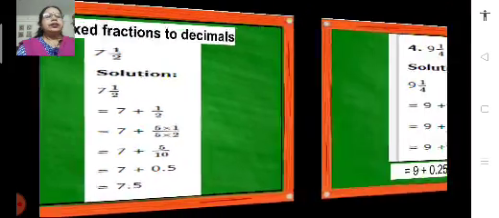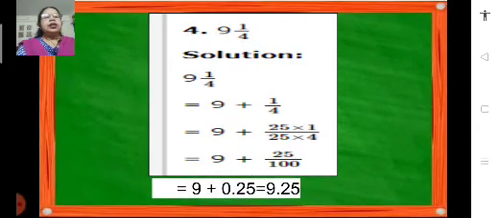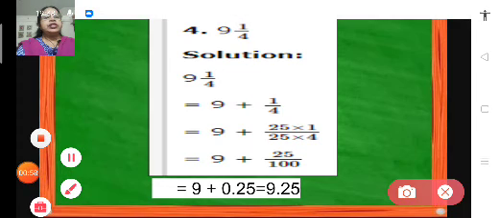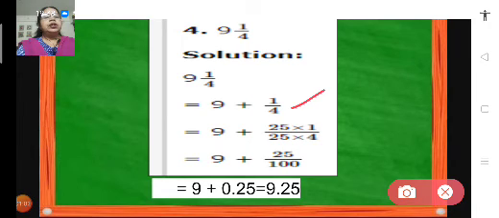We have another mixed fraction here, 9 1 upon 4. 9 1 upon 4 can be written as 9 plus 1 upon 4. Now we will convert the fraction 1 upon 4 into an equivalent fraction so that we have 100 as the denominator. So it is multiplied by 25.